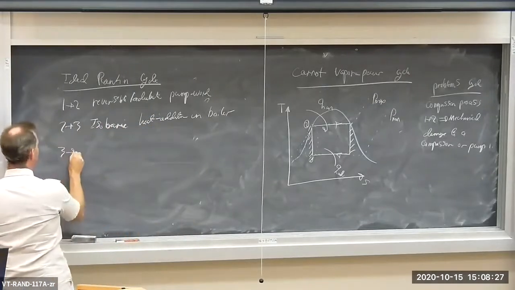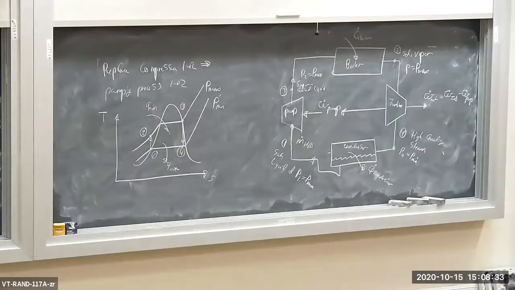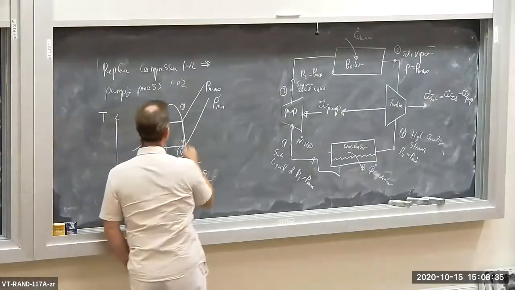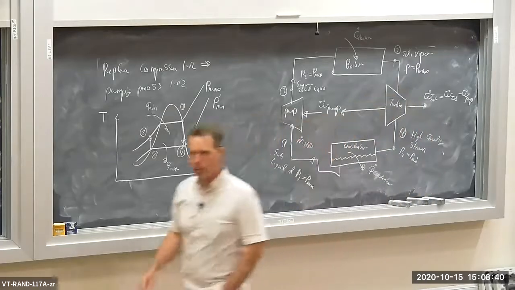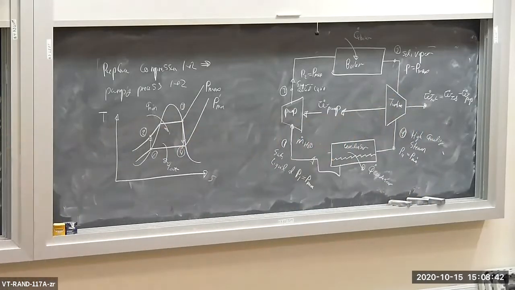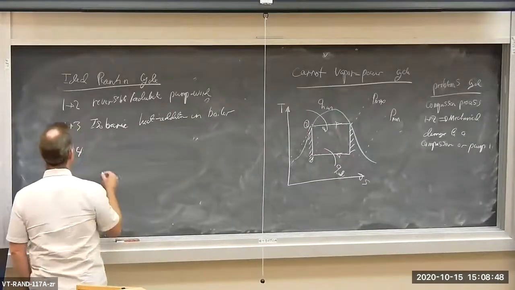And then from 3 to 4, we have expansion in the turbine where the power is extracted. Part of it is used to drive the pump. The remainder is available for use.